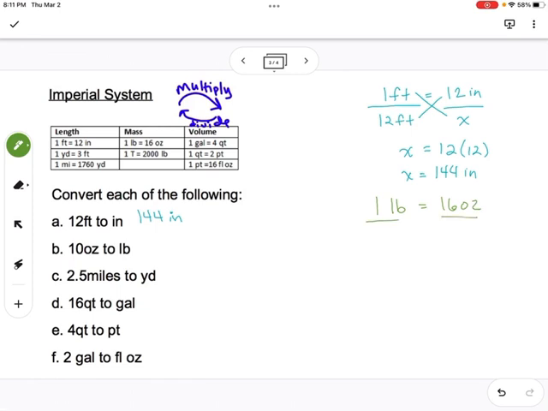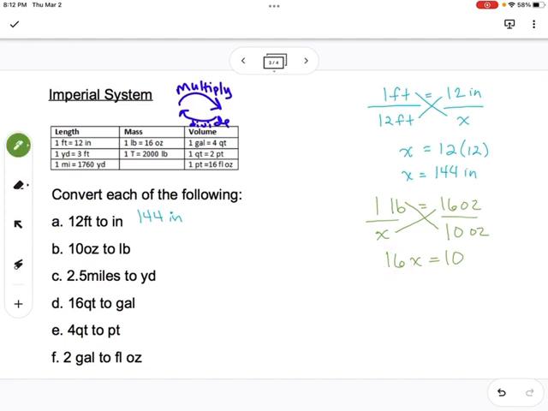We want to know how many pounds, that's x, and we're given that there's 10 ounces. So again, you can cross multiply here. 1 times 10 and 16 times x. 16x equals 1 times 10, which is 10. And to get x by itself, you want to multiply by 16 to the other side.